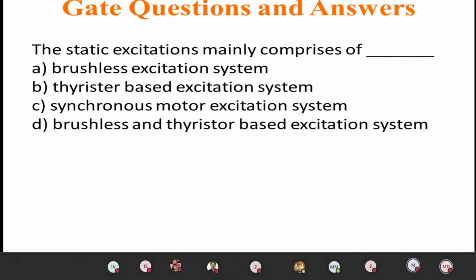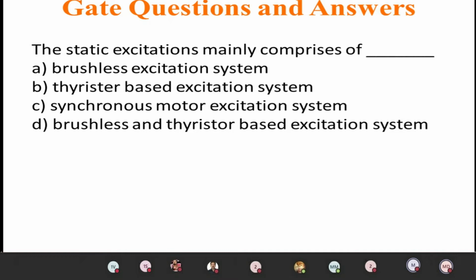Then thyristor based excitation system. A thyristor is also a static device, because a static device is nothing but an electronic component. Most electronic components are static devices, like PN junction diode, thyristor, transistor, IGBT, MOSFET, GTO.